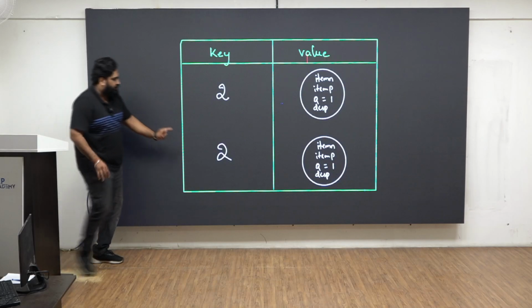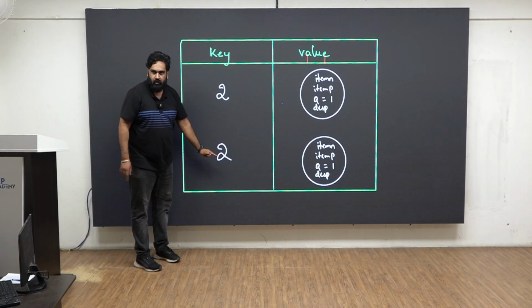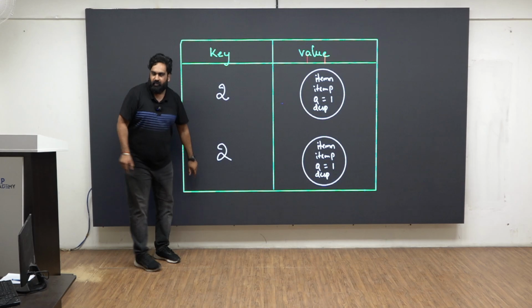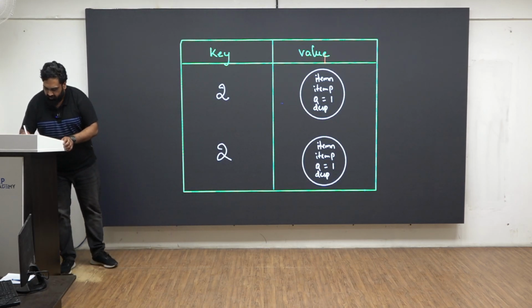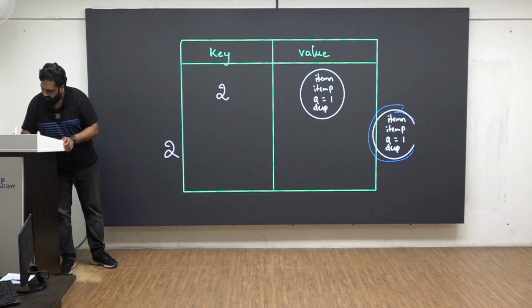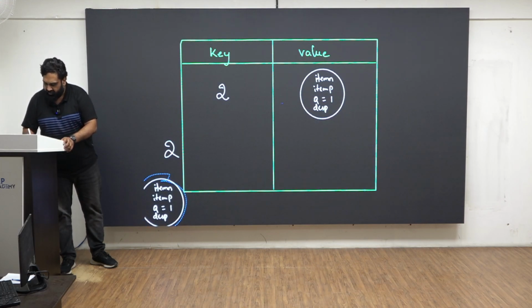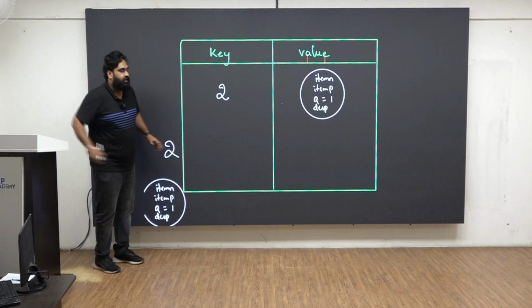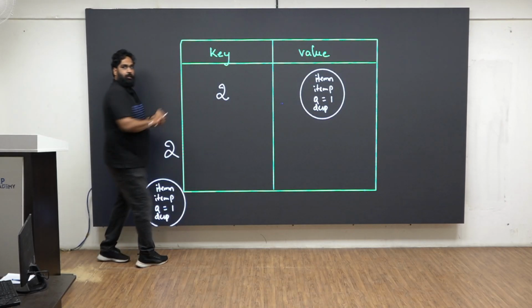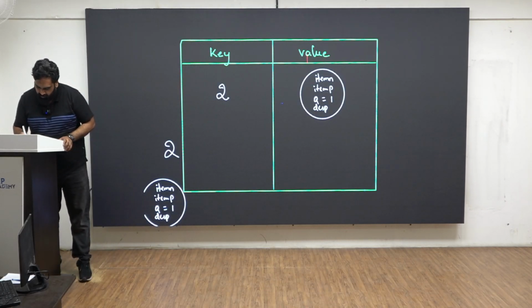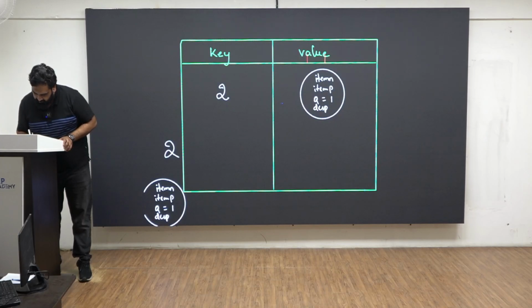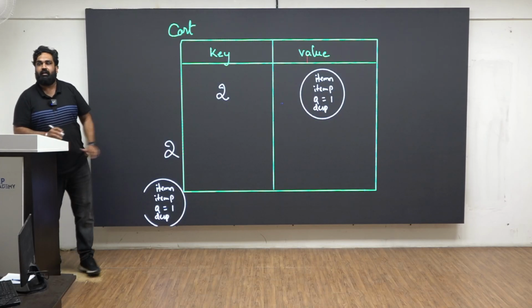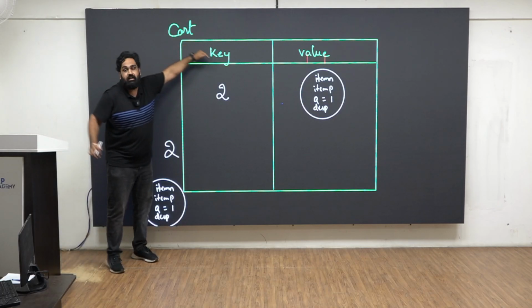Sir, instead of directly adding it here, one thing you need to do is, as soon as you get this item and ID number 2, you need to check in the map. Maybe I will call this map cart. In this cart, does it contain a key?